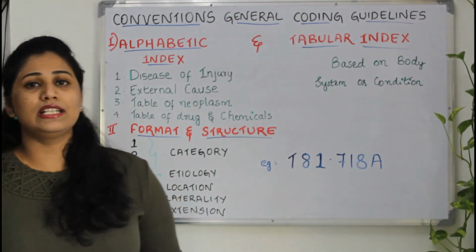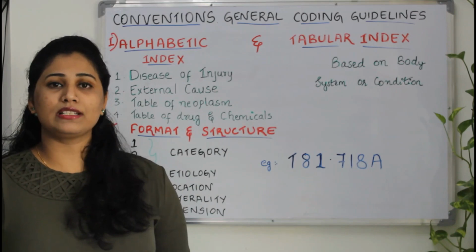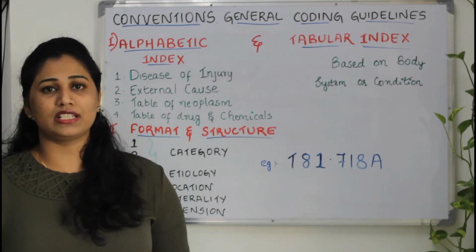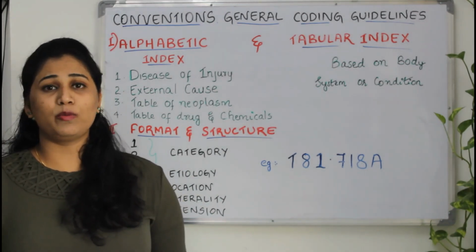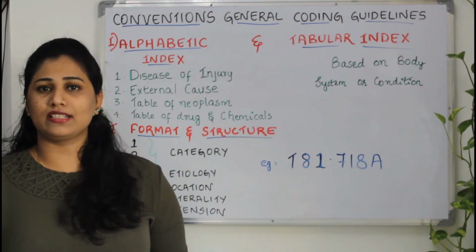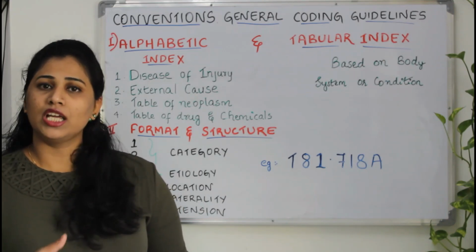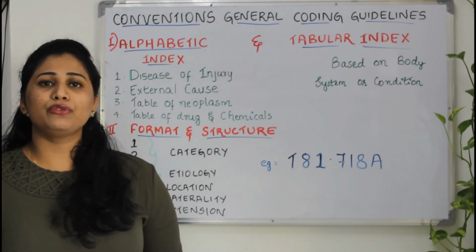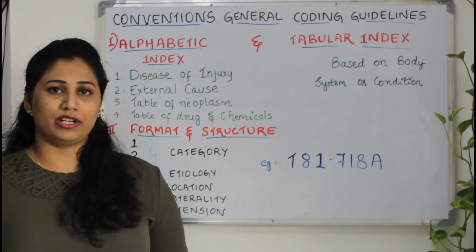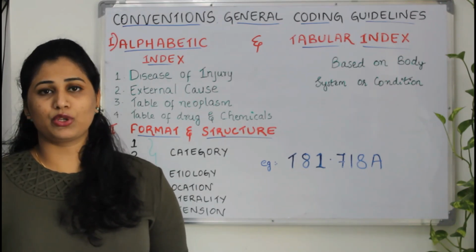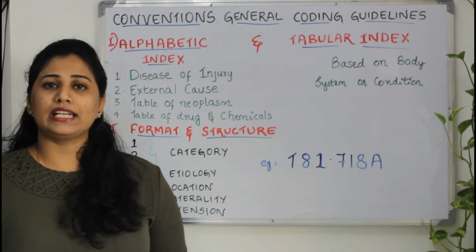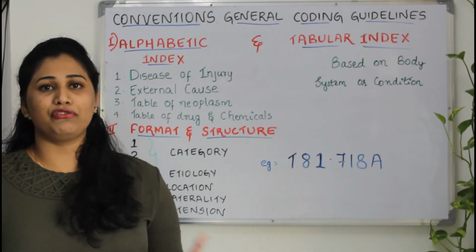And the next one is the table of neoplasm. The term itself says that neoplasm-related or cancer-related conditions come under this. For example, if you have a diagnosis like CA breast, cancer of breast, you need to go to the table of neoplasm.